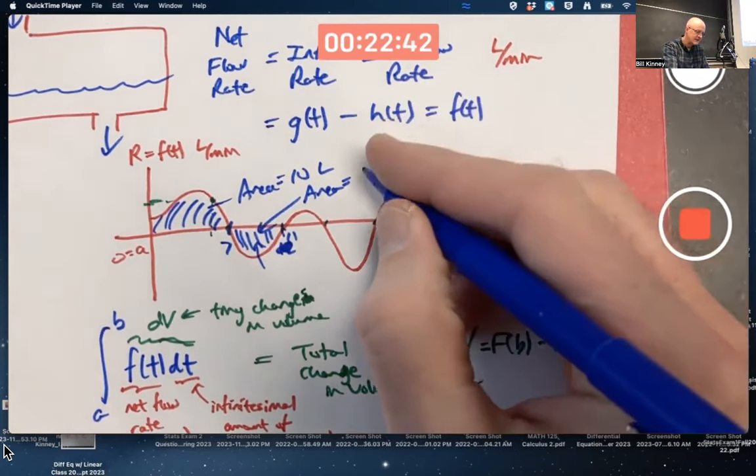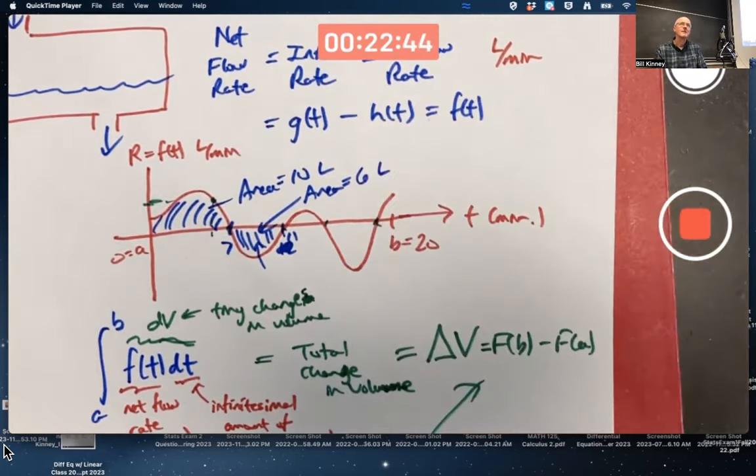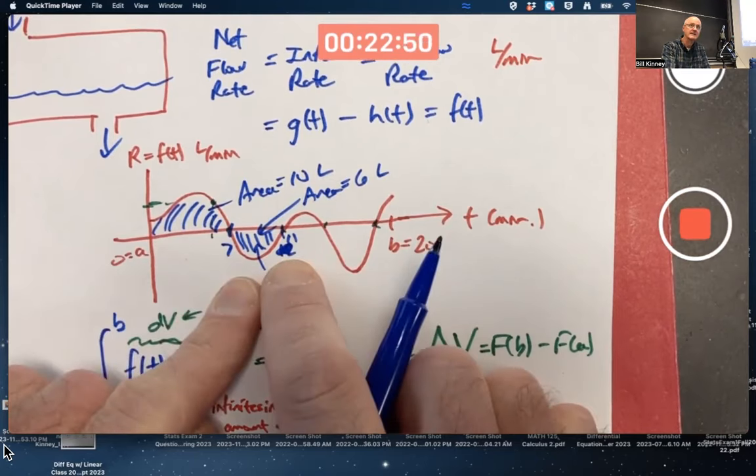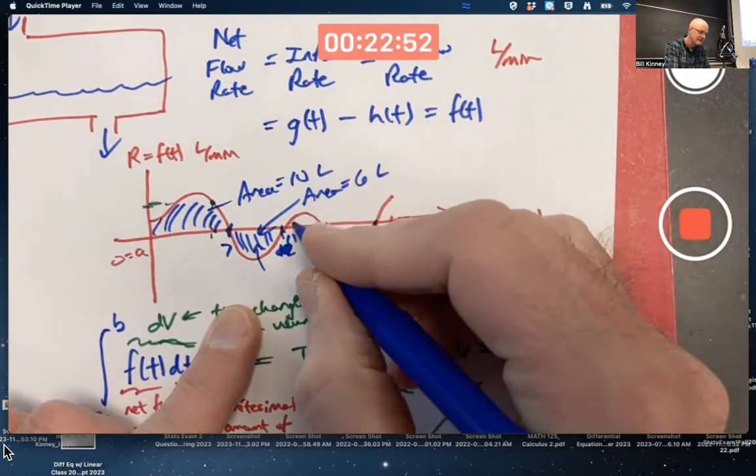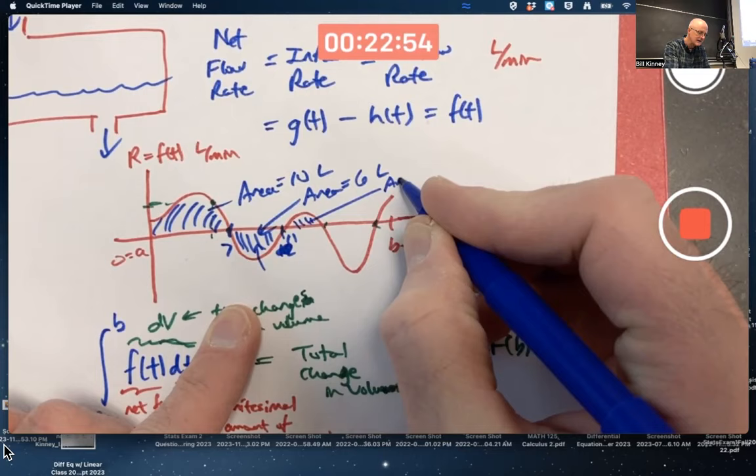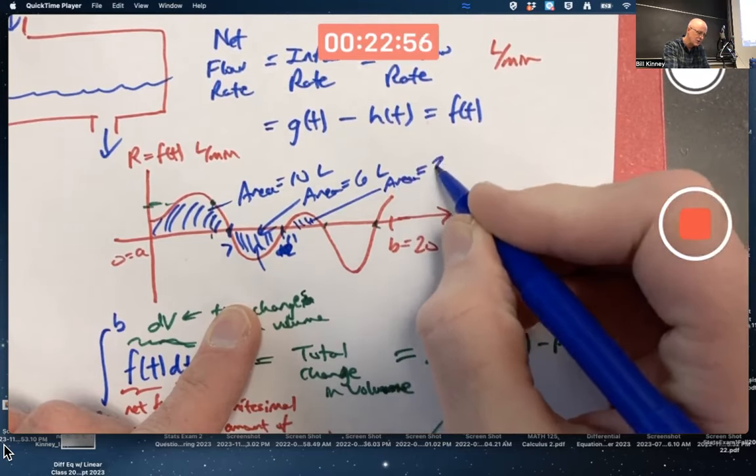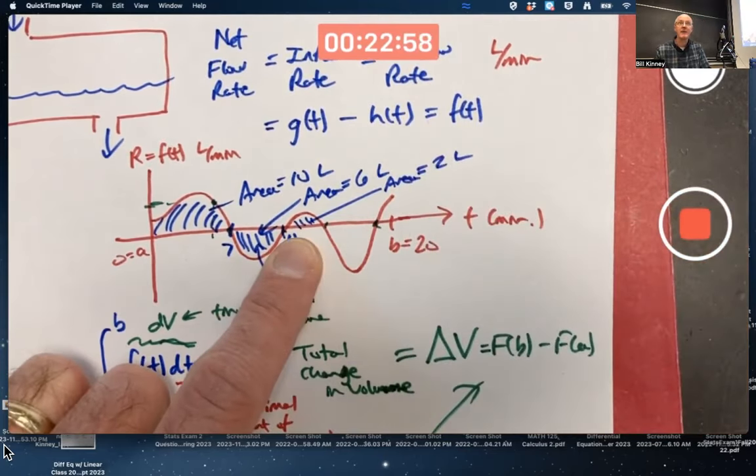I'm going to pretend it's 6 liters, but its contribution to the integral is -6 because the graph's below the axis. This area, I'm going to pretend is 2 liters, and that's contributing positively to the integral because it's above the axis.